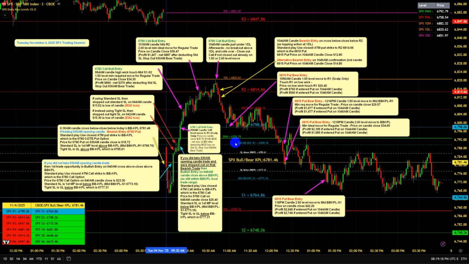Generally speaking, in order for there to be a breakout day, it is going to have to not only close above the bull bear key price level, but also close and stay above the pre-market high.